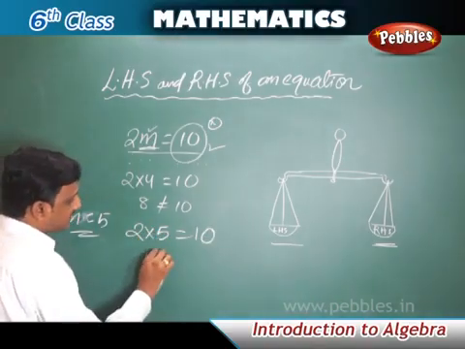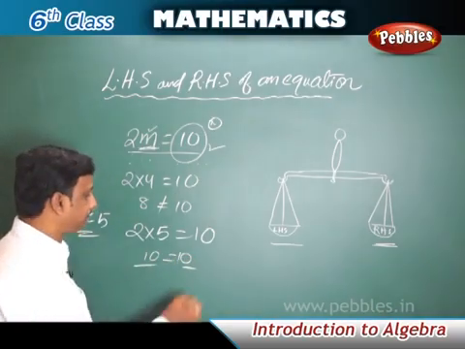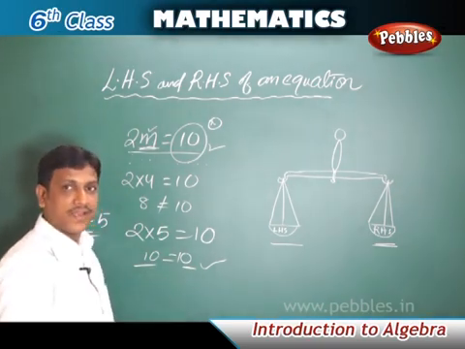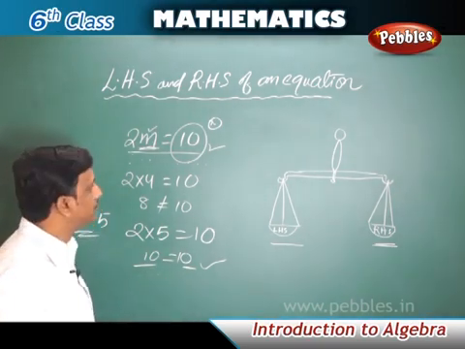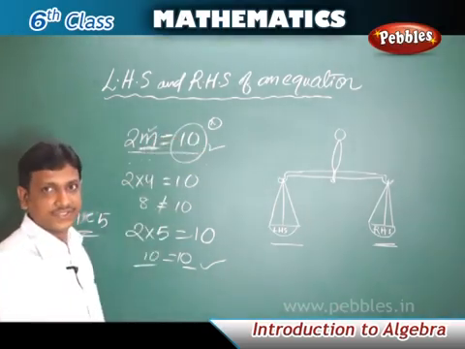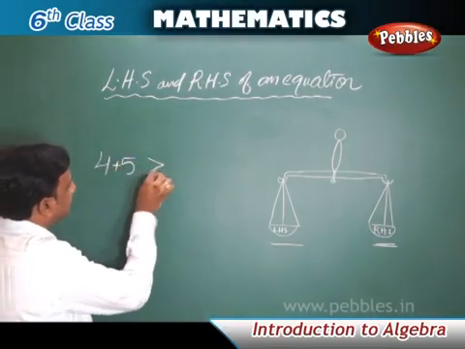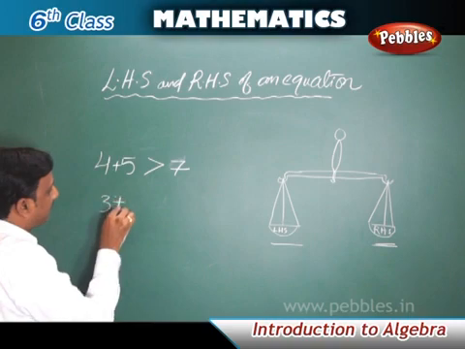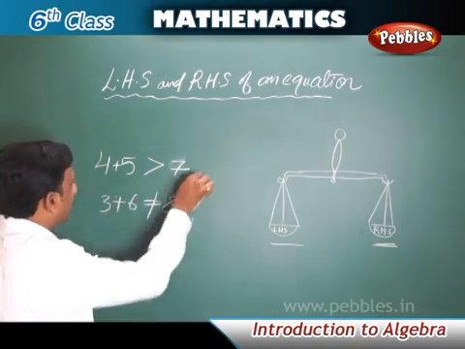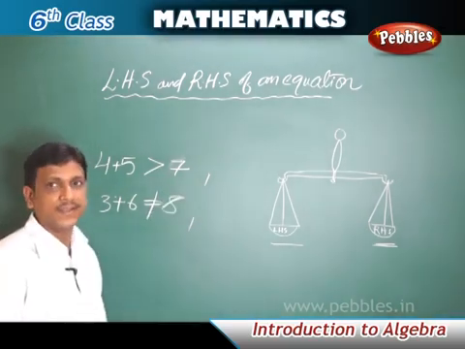So it is balanced on both sides. The left hand side and right hand side have the same value. Only these kinds of things are called equations. If we write 4 plus 5 greater than 3 plus 6, or 8 not equal to something, these are not equations. You cannot consider these as equations.